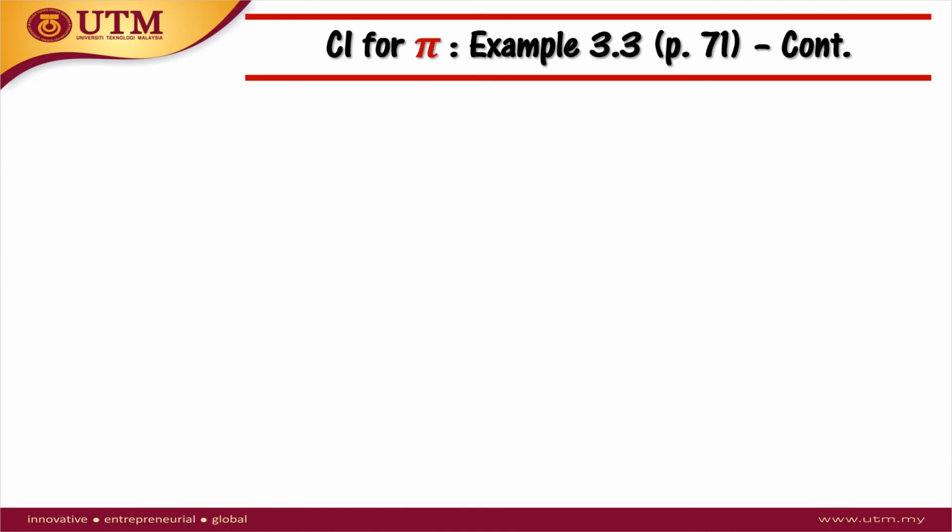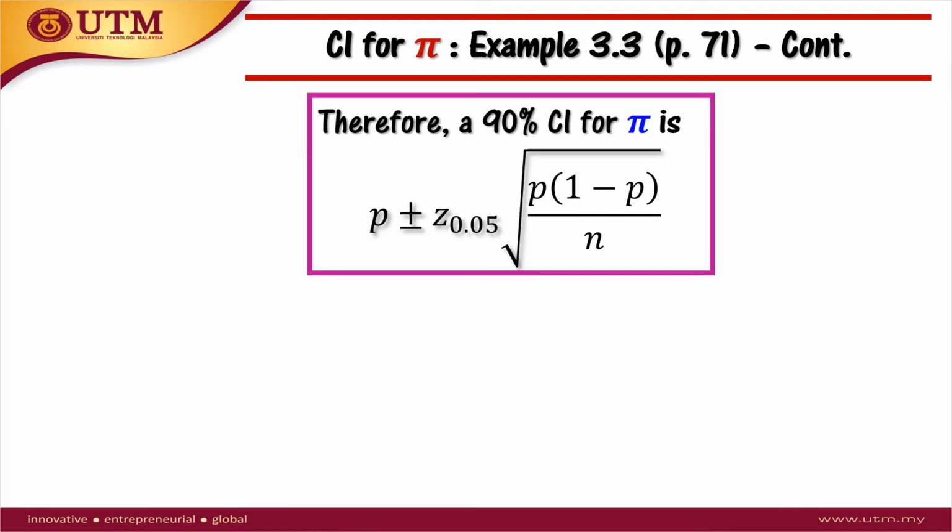Therefore, a 90% confidence interval for the population proportion of defective units is p plus minus z alpha over 2 times the square root of p multiplied by 1 minus p divided by the sample size n.